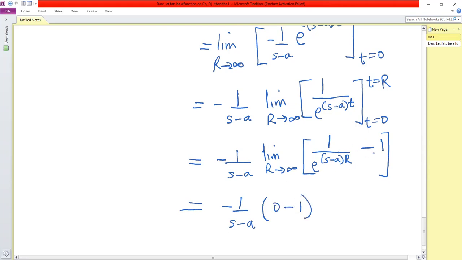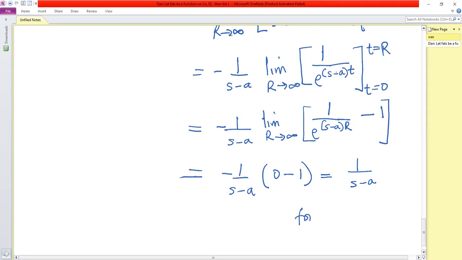Remember, the limit of a constant is a constant. So this will just be 1 over s minus a, and this applies for any value of s greater than a, because this exponent must be positive. So therefore, the Laplace transform of e raised to power at is given by 1 over s minus a, and it works for all values of s strictly greater than a.